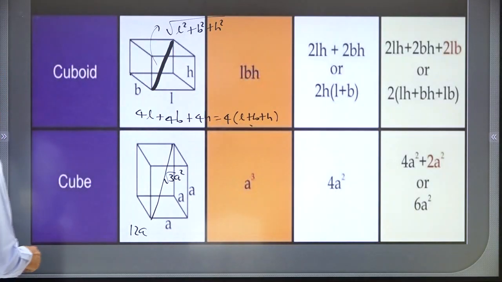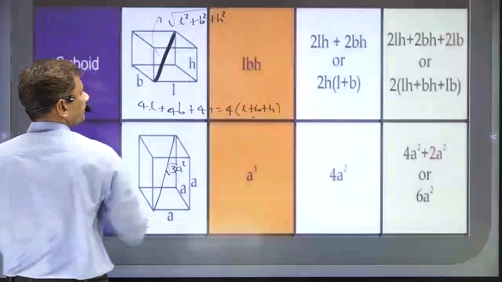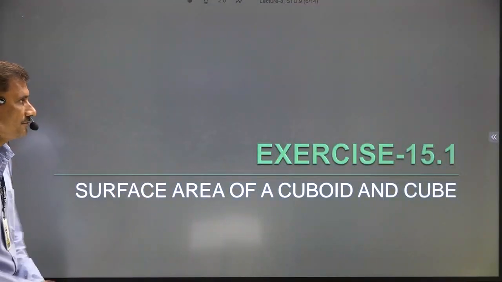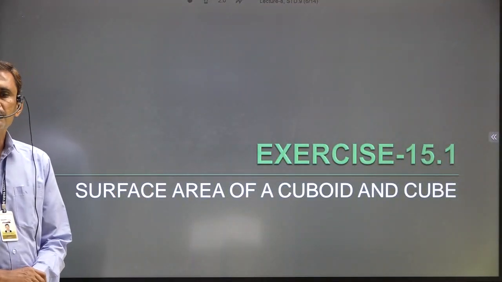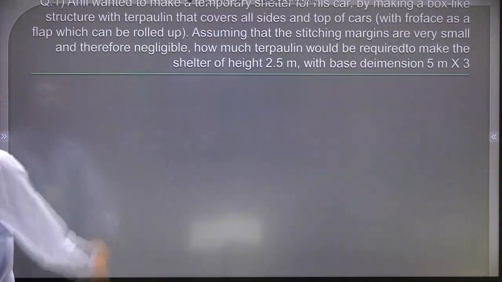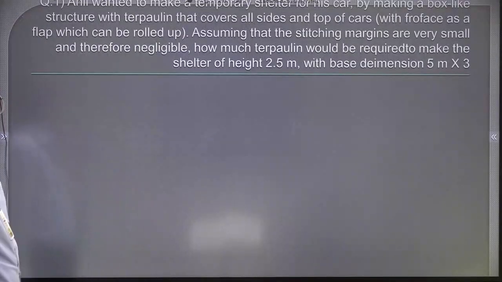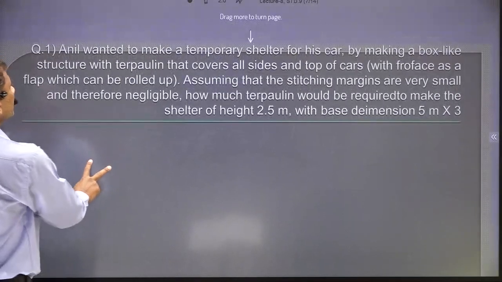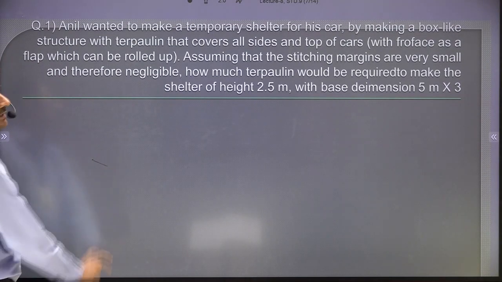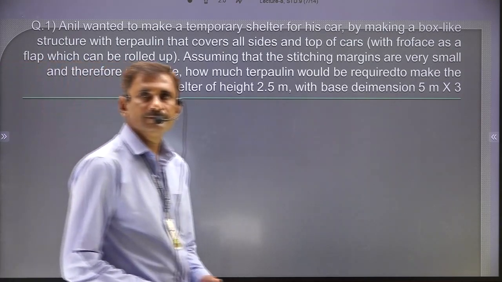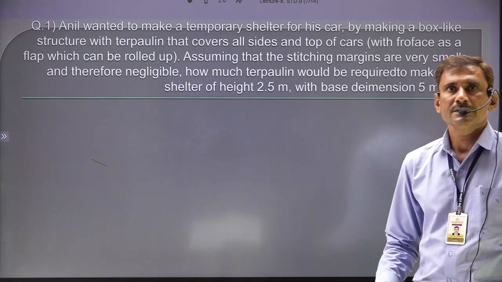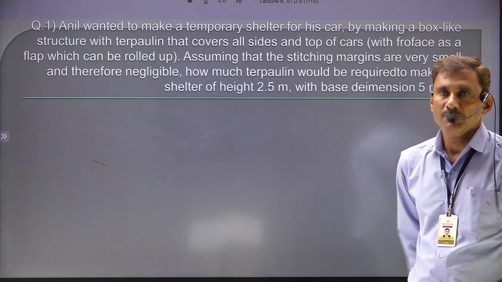Now let's start our exercise. So we are first starting exercise 15.1. This is our first question. You can see here, Anil wanted to make a temporary shelter for his car by making a box-like structure with tarpaulin that covers all sides and the top of the car.